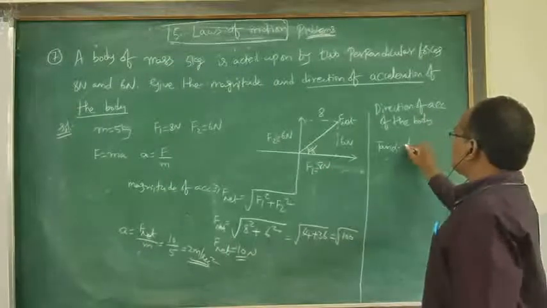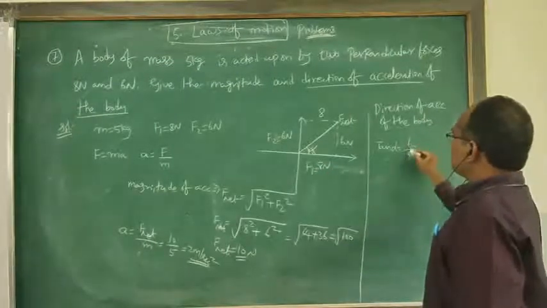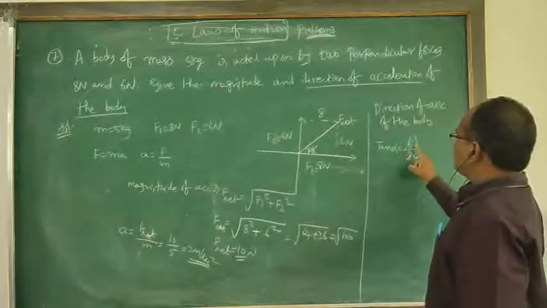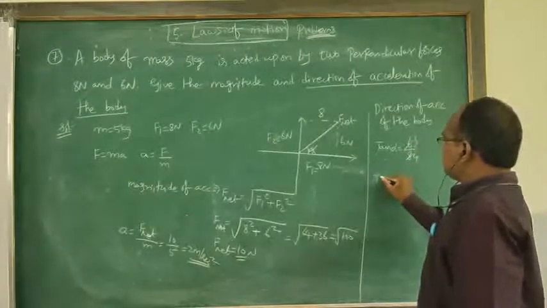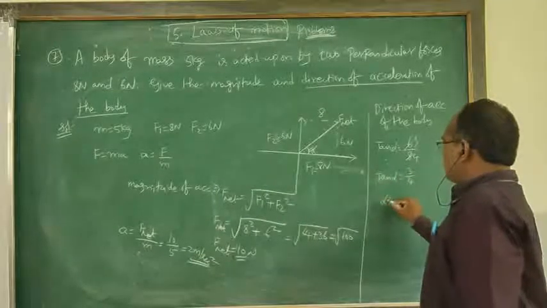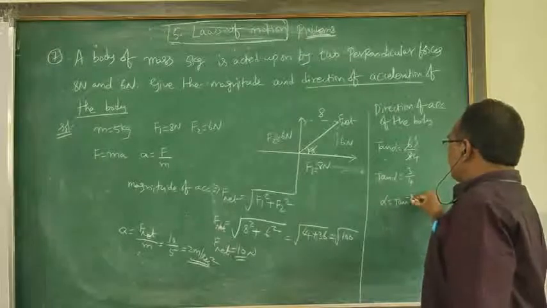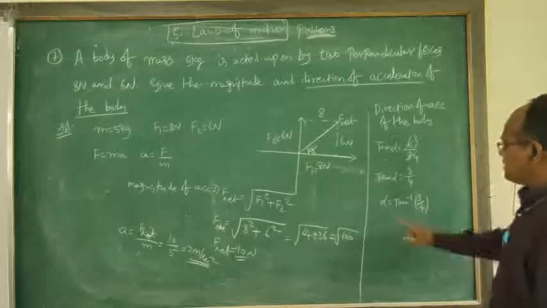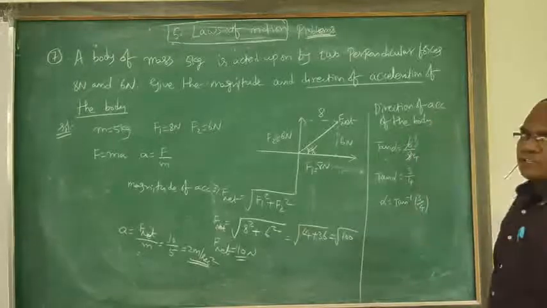So this is 6 divided by 8. Two 3s are 6, two 4s are 8. So tan alpha is equal to 3 by 4. Alpha is equal to tan inverse of 3 by 4. This is the direction of acceleration of the body.